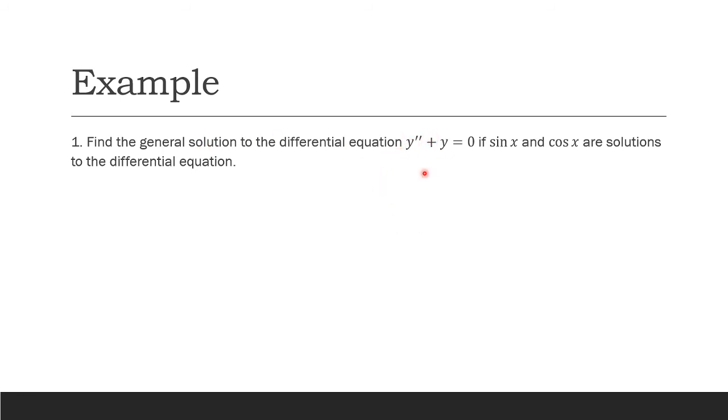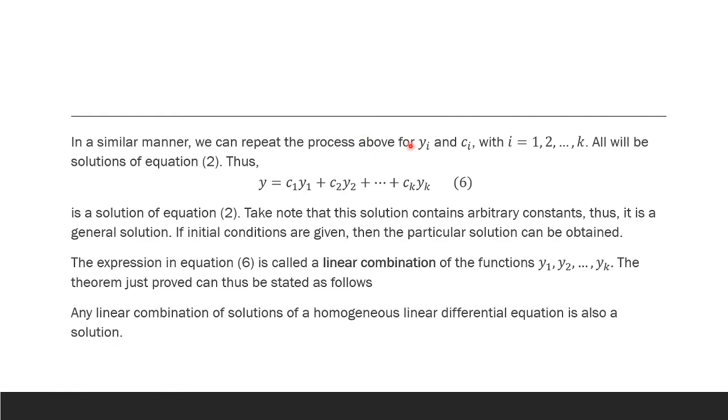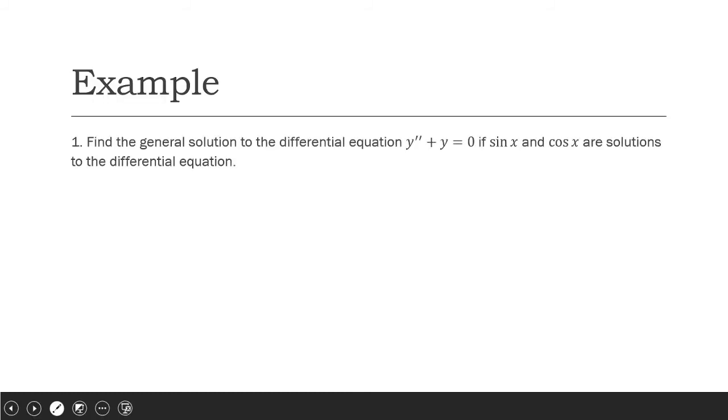So, very simple. We just use equation 6. Diba? So, we have y is equal to c sub 1 y sub 1 plus c sub 2 y sub 2. Second derivative lang siya. So, second order. So, therefore, dalawang terms lang yung magkakaroon tayo. Now, sin x daw and cosine x are solutions. Let us substitute. So, ibig sabihin, this is our y sub 1 and this is our y sub 2.